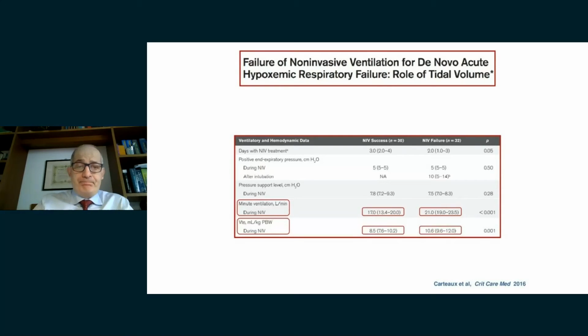This was a study in which patients with acute respiratory failure were ventilated with non-invasive ventilatory support, pressure support with a mask. Patients who had a good outcome, so who were not intubated, compared to patients who were intubated, presented a significantly lower minute ventilation and a significantly lower tidal volume.